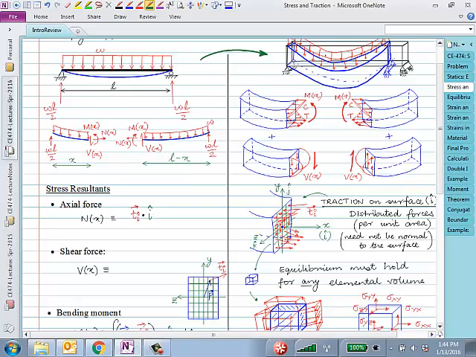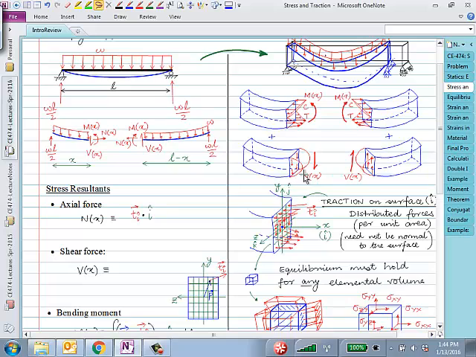A dot product of any vector with the I direction would be its component along that direction, right? It's the axial component. So all I'm trying to do when I take the dot product of the traction with I is find the axial component of that traction. Clearly, a traction like this does not have an axial component, right?